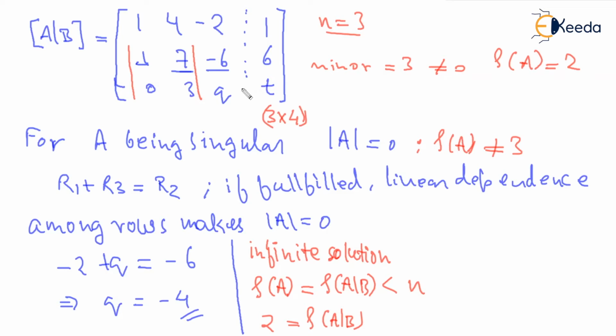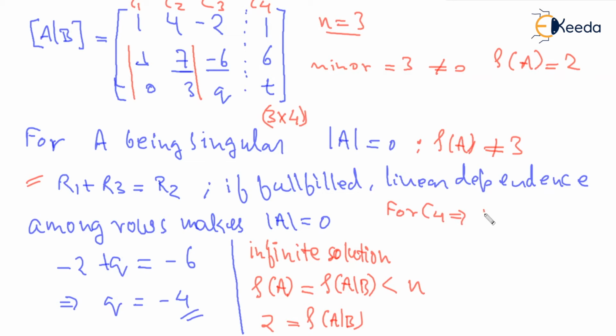So let's see. We had this relation row 1 plus row 3 is equal to row 2. We satisfied it for column 1. We satisfied it for column 2. For column 3 we need q equal to minus 4. And for column 4, if we have to satisfy the same condition, what do we want?